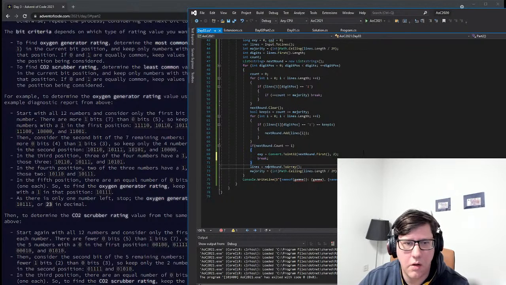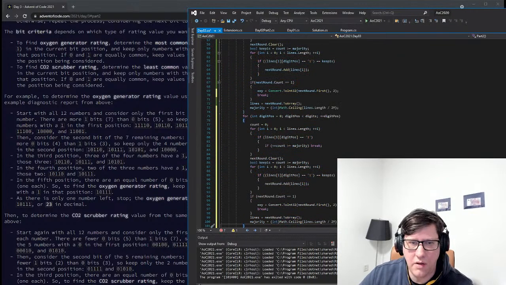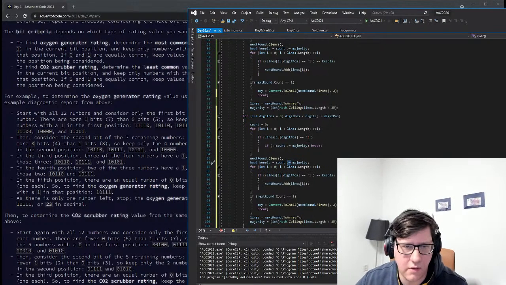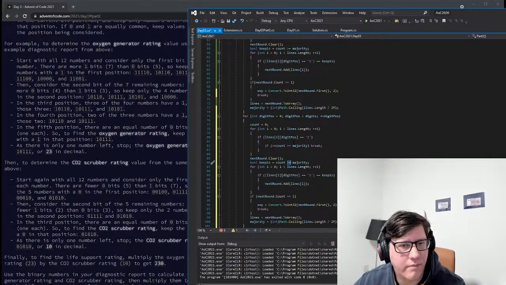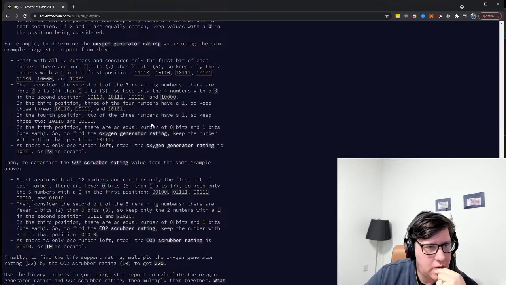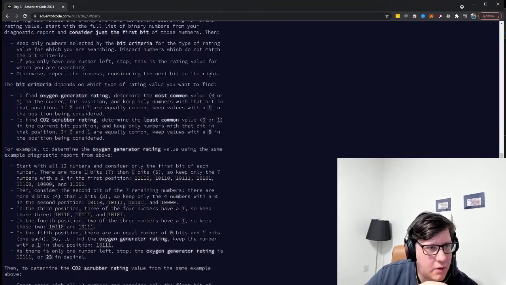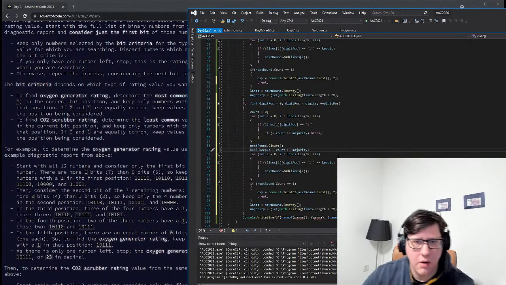Break. And let's just ugly copy this as well. And the only difference here is that this tiebreaker swings the other way around and you invert it. Let's see. For the second one was the least common value. Yeah, so you do it the other way.